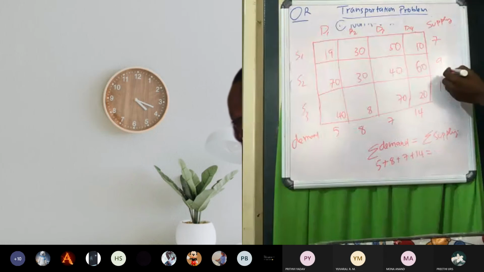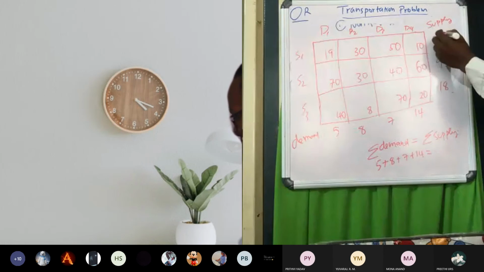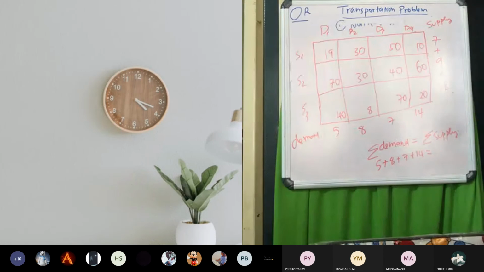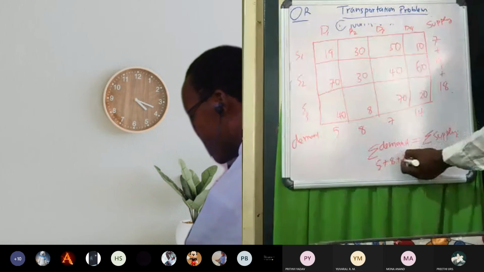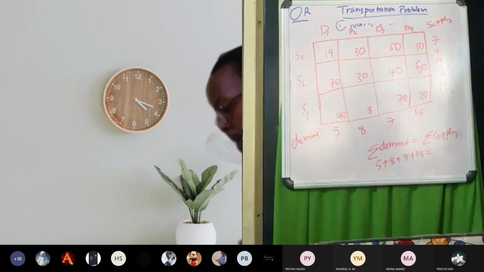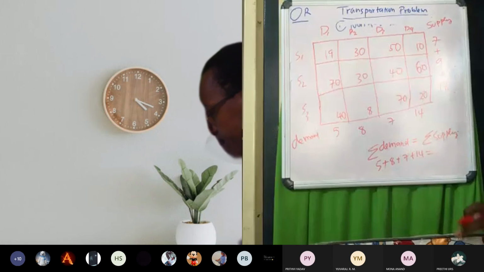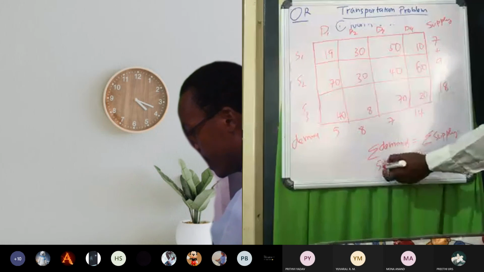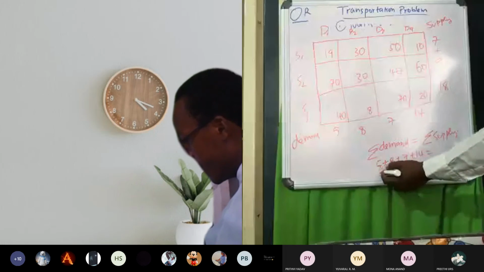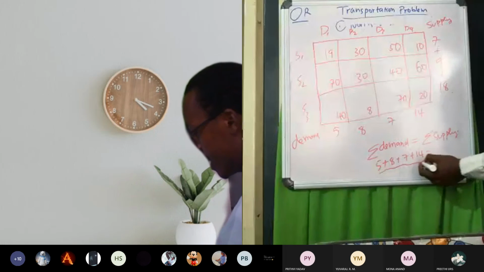Mona, you can calculate 7 plus 9 plus 18, and this one can be done by Amaltavani. What is the value for 5 plus 8 plus 7 plus 14? The value is 13, 20, 34.